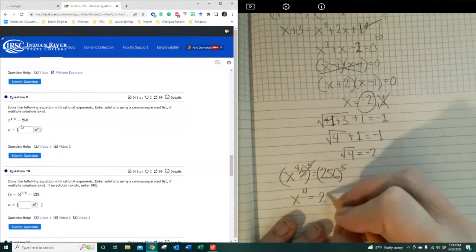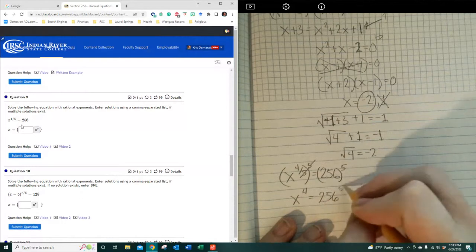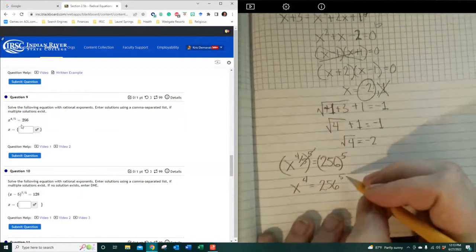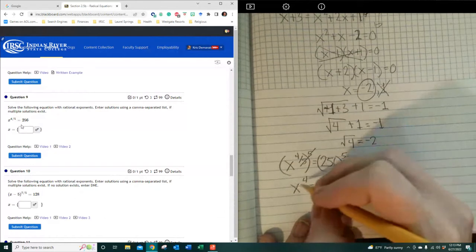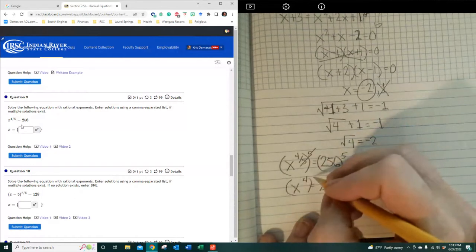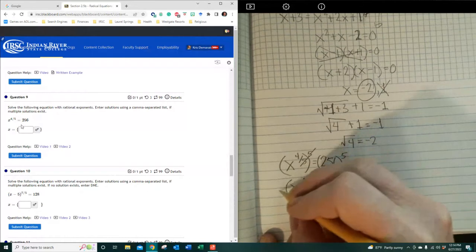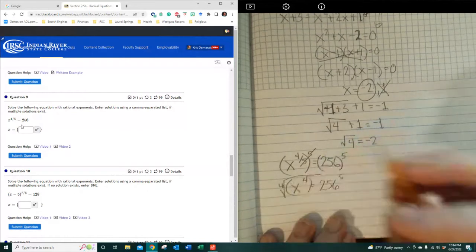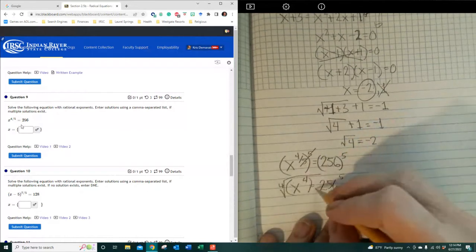All right, raised to the 5th power. I'm not actually even going to do that yet, because what I got to do is take the 4th root of both sides.